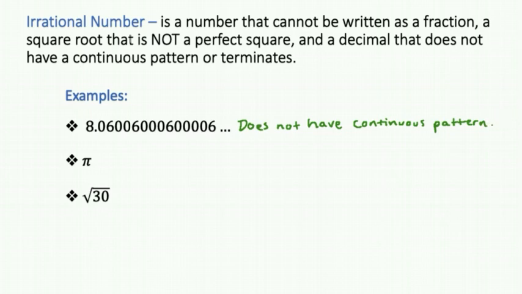In order for it to have a continuous pattern, it would have to go 8.060606 and so on. So pi is irrational because even though it goes on forever, it does not have a continuous pattern. In other words, it's not a repeating decimal.